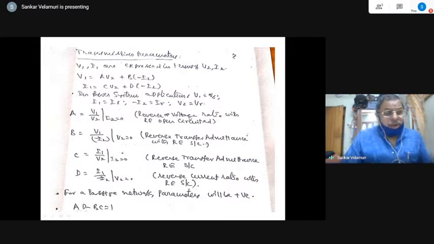So the transmission network is essentially a two-port network, and AD minus BC equal to 1 has to be satisfied, and only then is it called a reciprocal network. That is one thing. Now, the other point which I have to state is that it will be symmetrical as well as reciprocal. That means a reciprocal network will also be a symmetric network if A equal to D in this case.